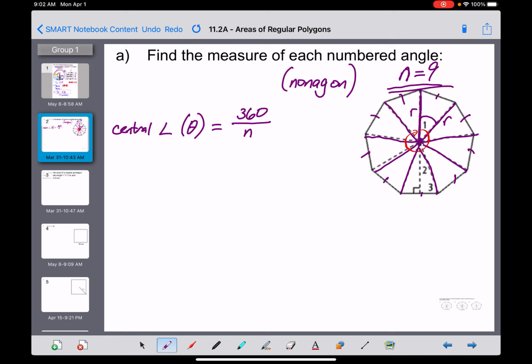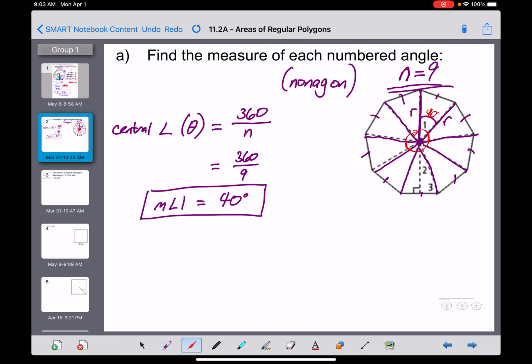In this case, n is 9. So 360 divided by 9 is going to be 40 degrees, and that's the first thing they were asking us to find. So each one of these central angles is 40 degrees, and I'm not going to label all of them. I'm going to go to here, and then I'm going to stop.